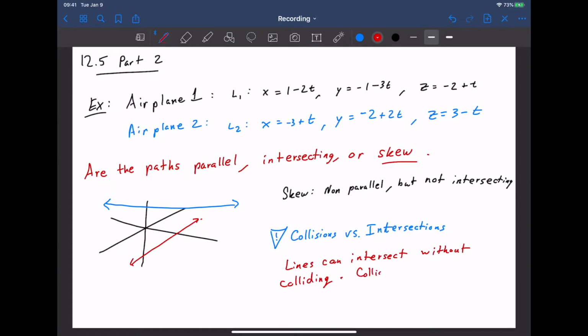Collision means same point at the same time. We don't collide. I can go through the intersection of the road and you can go through the intersection without us hitting our cars, right? I just have to go through a little bit later than you. But our paths will intersect. That's all we mean. Be careful with the language.